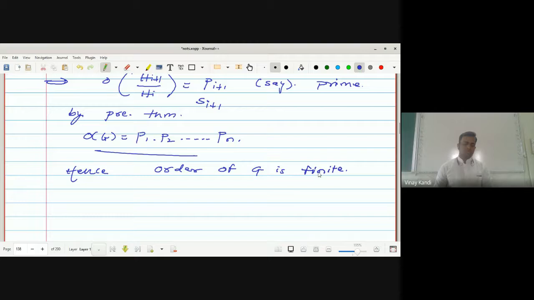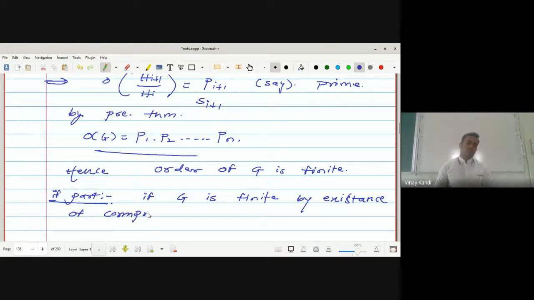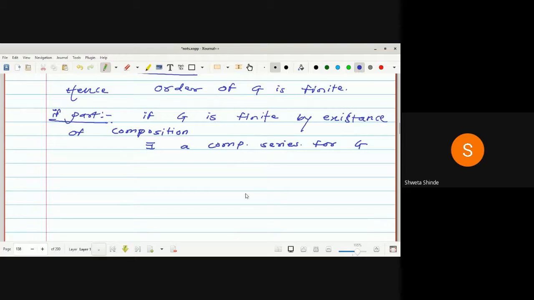Any doubt? Now the if part. If G is finite, by the existence theorem, existence of composition series, there exists a composition series for G. Hence the group.